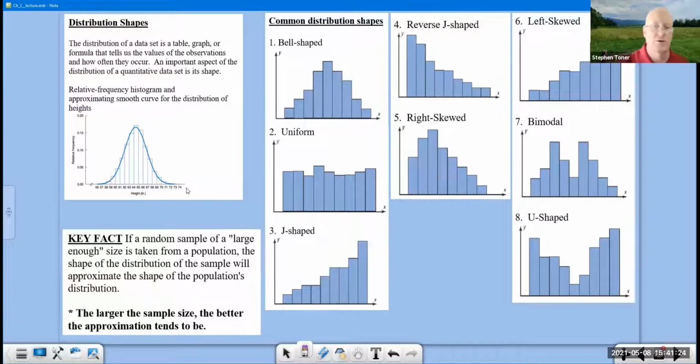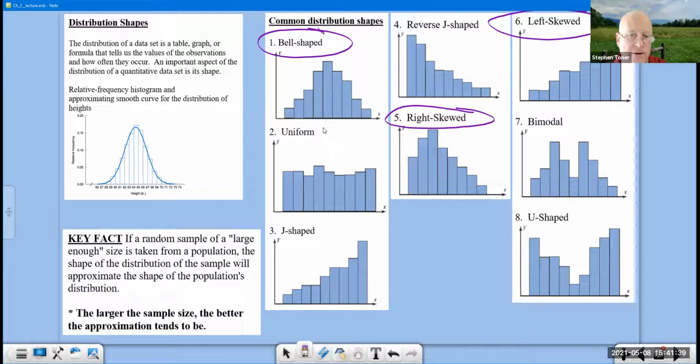And I've got for you 8 different shapes. The ones that we're going to be using the most in this class are the bell-shaped curve, and then the left skew and the right skewed, followed by the uniform. We won't deal so much with the J shape and the reverse shape.